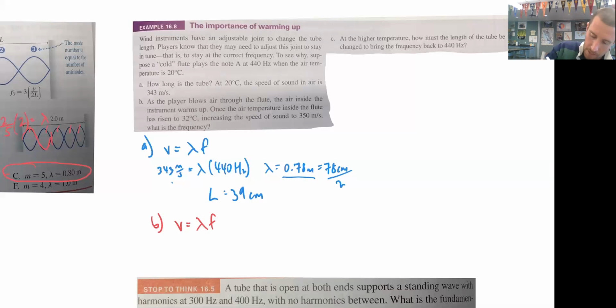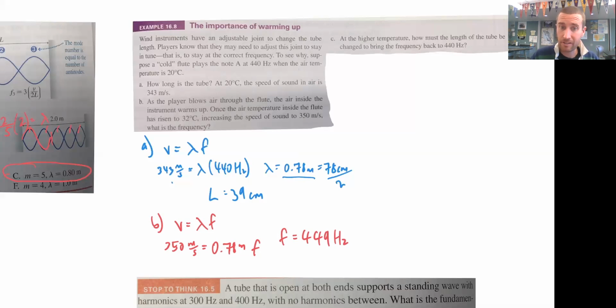So that's 0.78 meters, but now it's 350 meters per second equals the wavelength 0.78 meters times a new frequency. 350 divided by 0.78 is now 449 hertz. So I've changed it by 9 hertz, which could be pretty significant. That would sound a little bit pitchy.